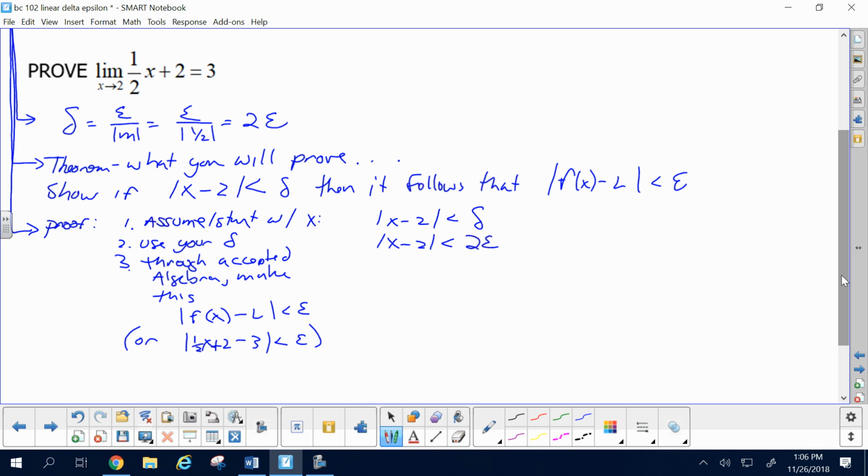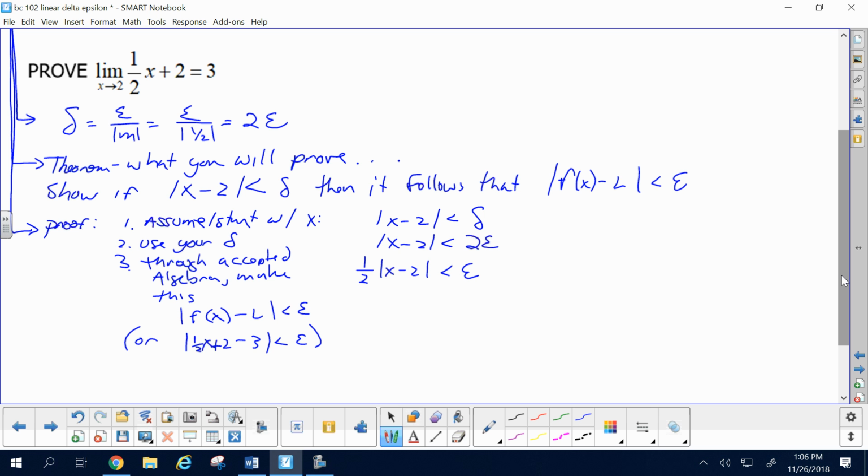And we need to show that it must follow that the difference between y, which is the function, and the limit, which is 3, is less than that little arbitrary gap. So I'm going to have to do some arithmetic to this. Now, one thing I can do is I can get the epsilon by moving the 2 over. I can do that and not worry about switching the inequality because it's a positive number.